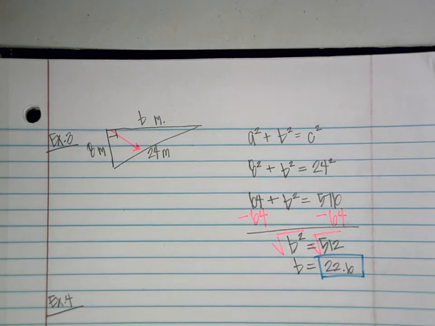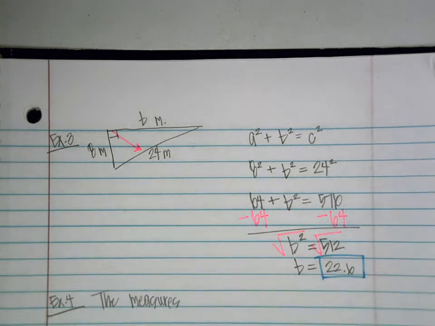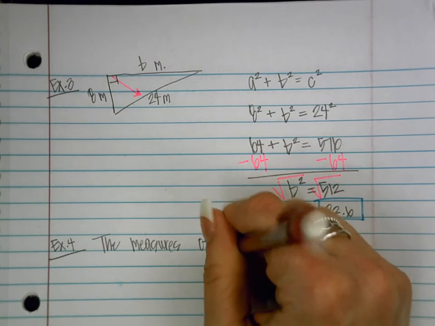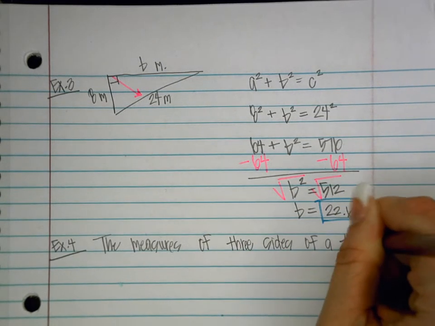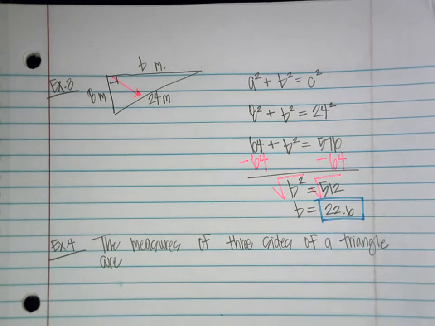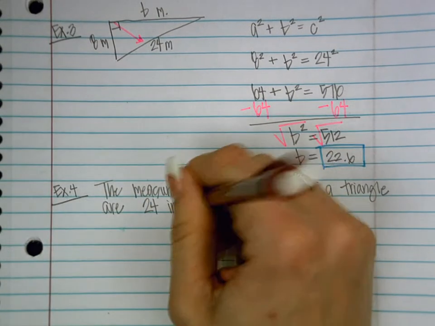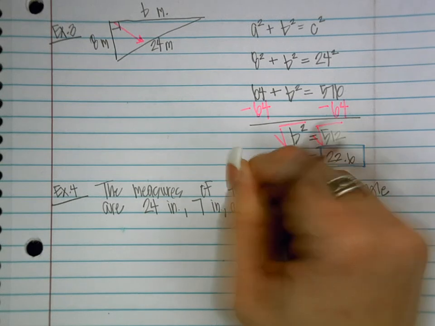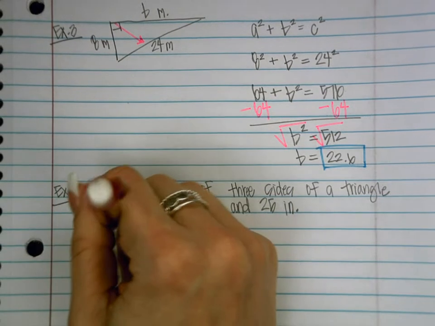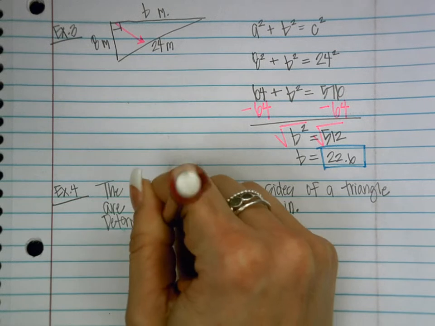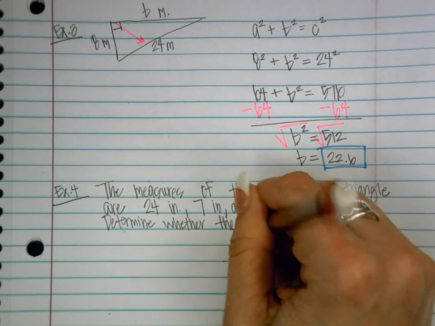The last thing I want you to be able to do is if I tell you the measures of 3 sides of a triangle are 24 inches, 7 inches, and 25 inches, I want you to determine whether the triangle is a right triangle.